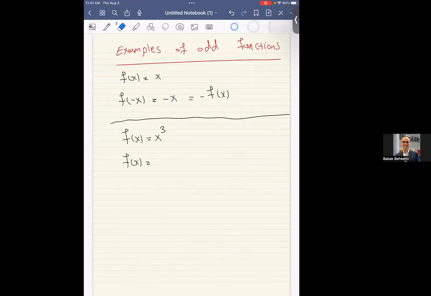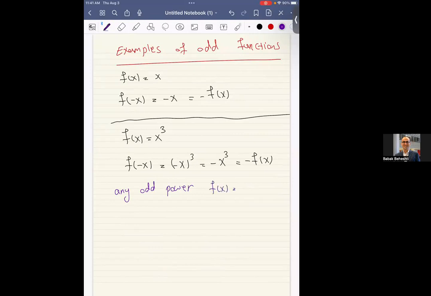Now, what is f of minus x? f of minus x is minus x cubed, which is minus f of x. So any odd power, like f of x equal to x to the power 2k plus 1.